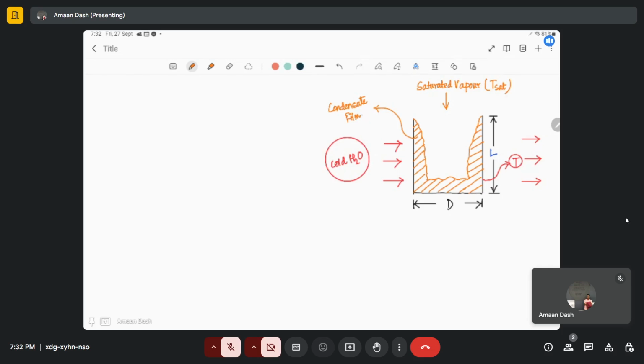So we have to derive an expression for the time required to fill the container with condensate. Okay. So you can see it will come down and it will condense and it will fill this container. It's a cylindrical container. I have not written, right? Okay, so this is a cylindrical container.